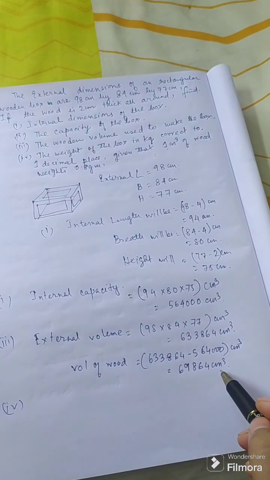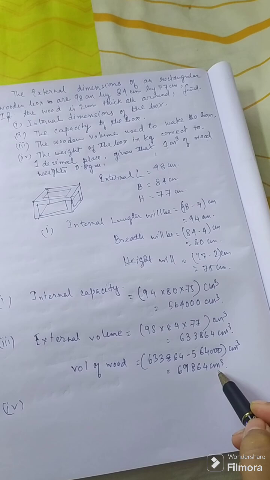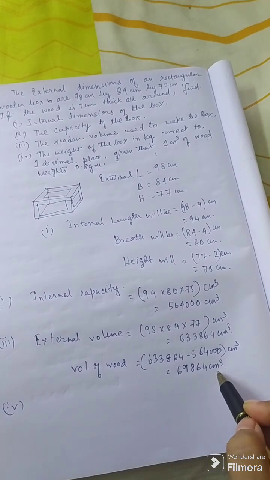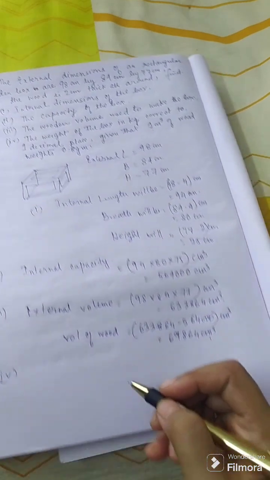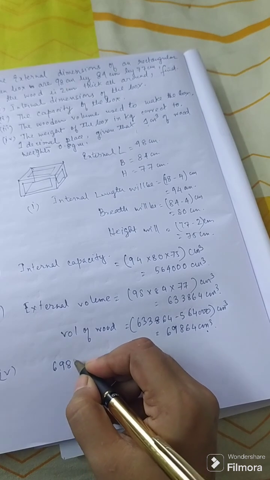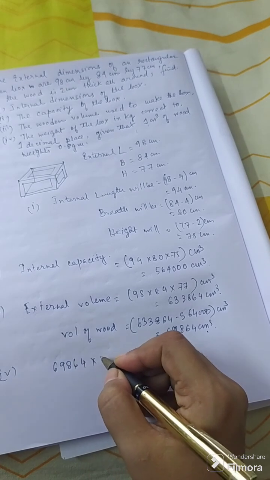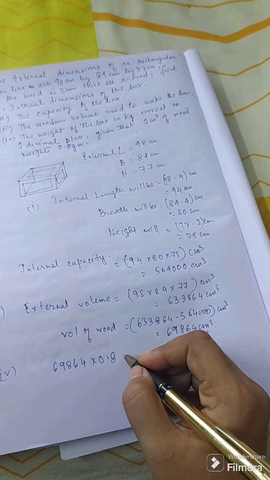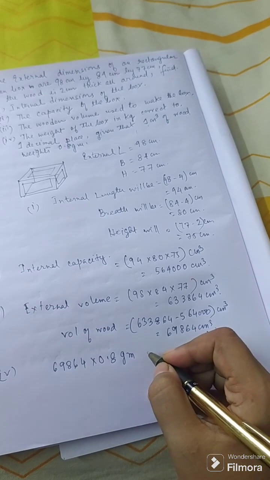So if we know the volume of the wood and multiply it, we will get the weight of the box. So it will be 69,864 into 0.8 gram.